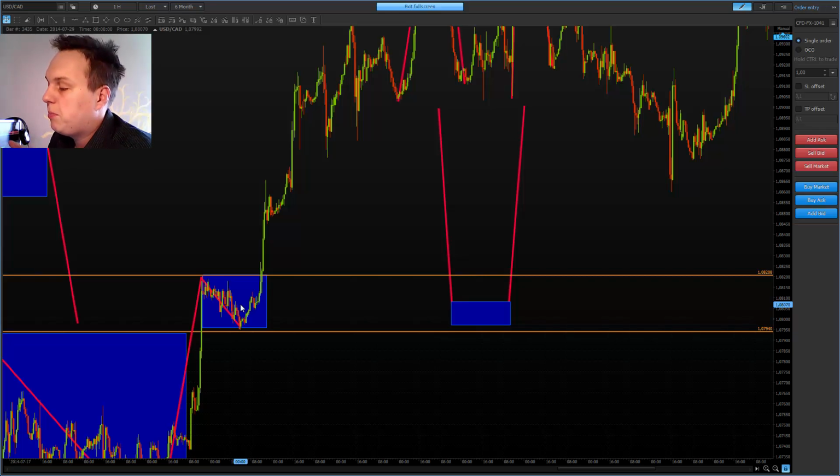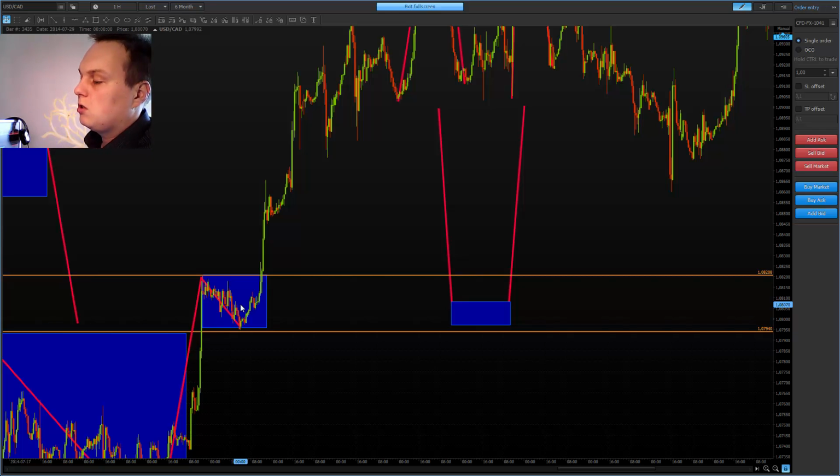But the problem is, the thing is that if such consolidation, if such base is small, it doesn't necessarily mean that demand was strong. It may mean that supply was weak as well.